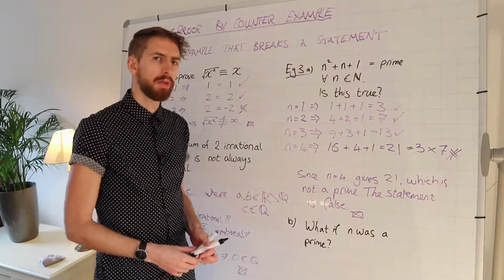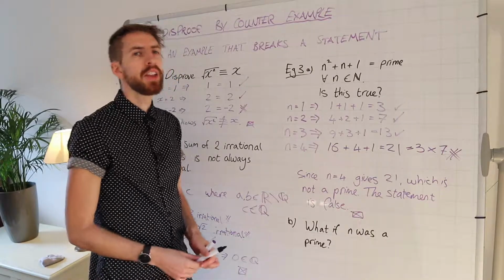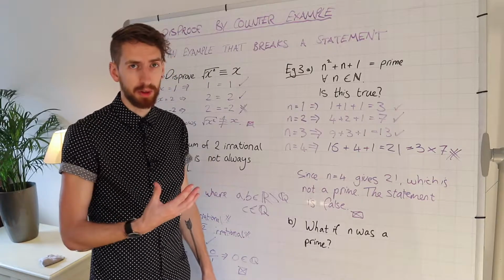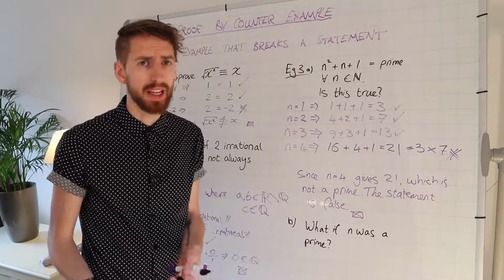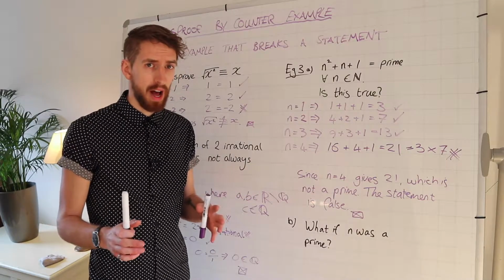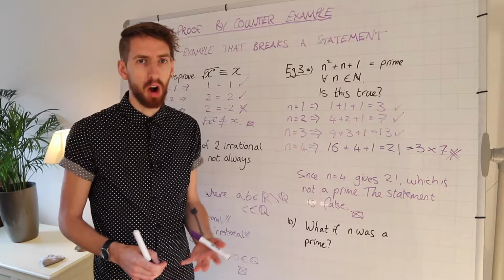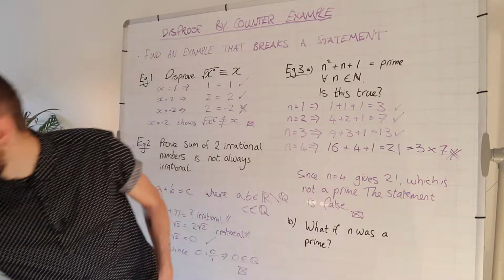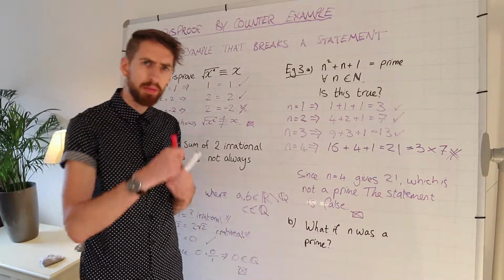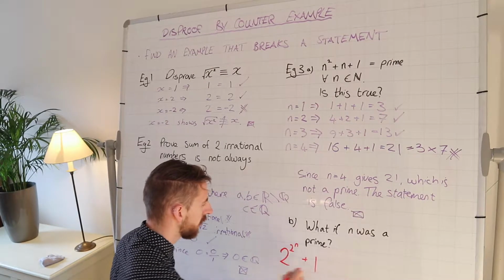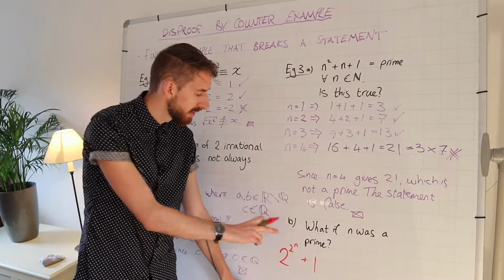On the topic of primes, there's a very famous mathematical problem which was solved by counterexample, or rather it was disproved by counterexample. So a famous mathematician called Fermat had this thing called Fermat's primes, or Fermat's numbers. These are numbers which can be written in the form of 2 to the power of 2 to the power of n plus 1.